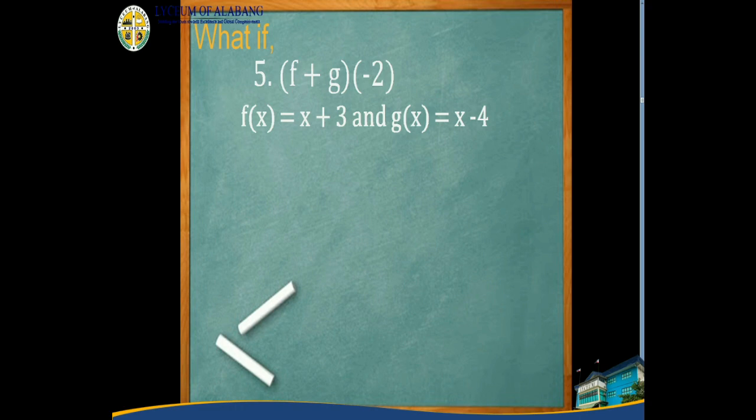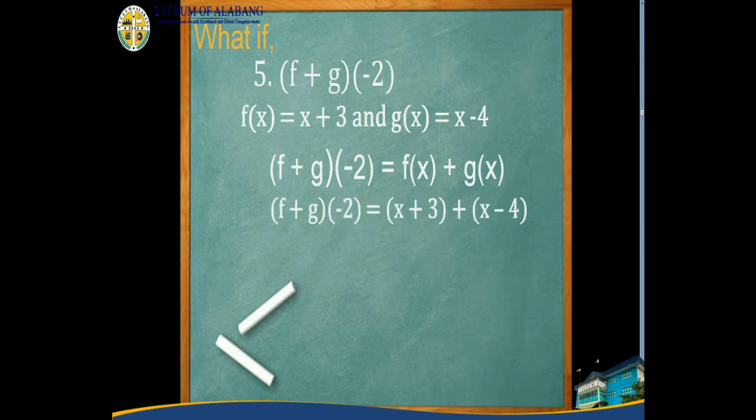The notation of the function is f plus g of negative 2 is equal to f of x plus g of x. Now, substitute the value of f of x and g of x. So we have f plus g of negative 2 is equal to x plus 3 plus x minus 4.